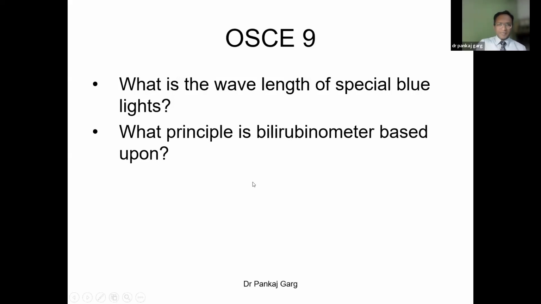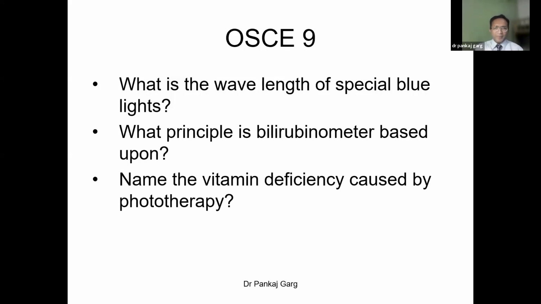So which principle is bilirubin measurement based upon? What is the principle of bilirubin? You have to give a range. No answers. Okay. Next. Name the vitamin deficiency which is caused by phototherapy.